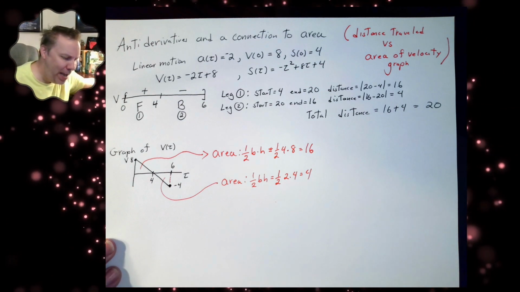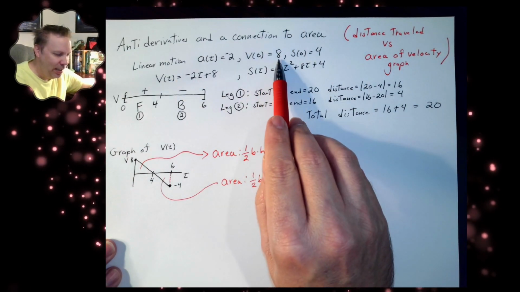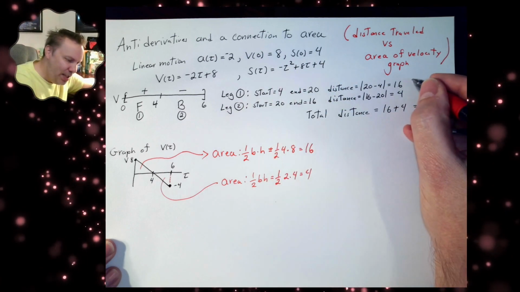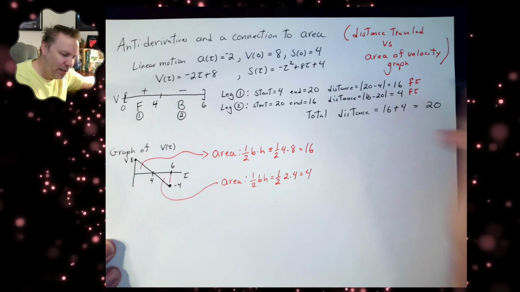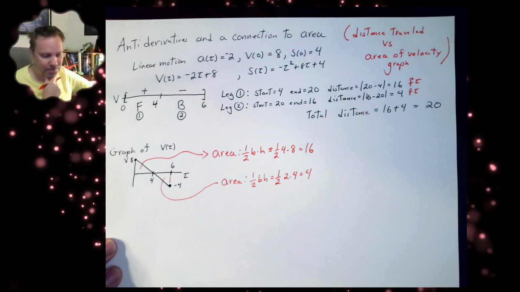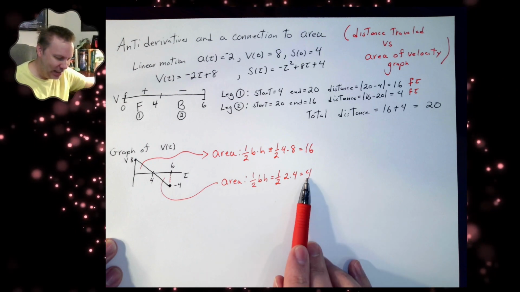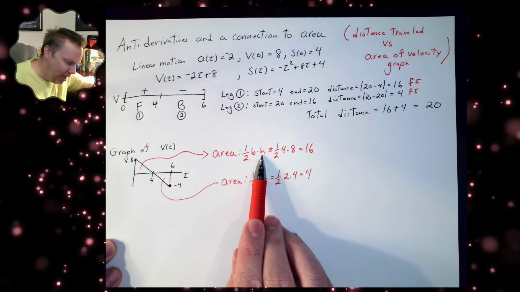So let me just go back ever so slightly. I talked about, in the very beginning, feet per second and feet. So these numbers have units of feet. What about these? Well, base times height.